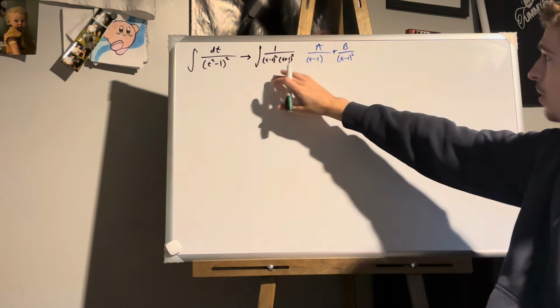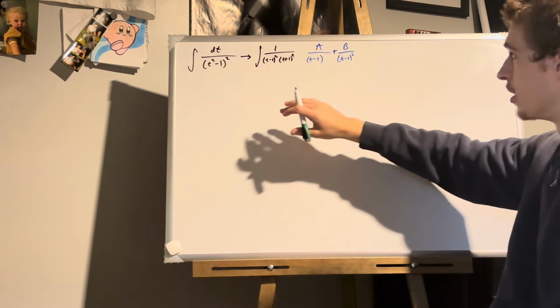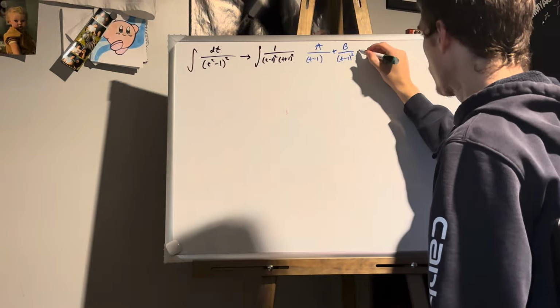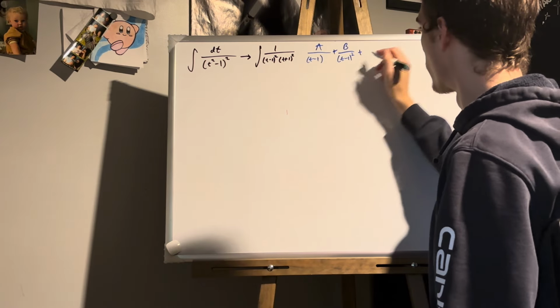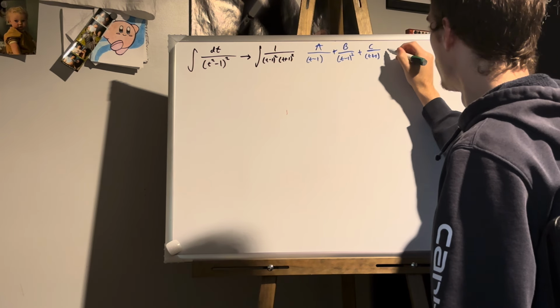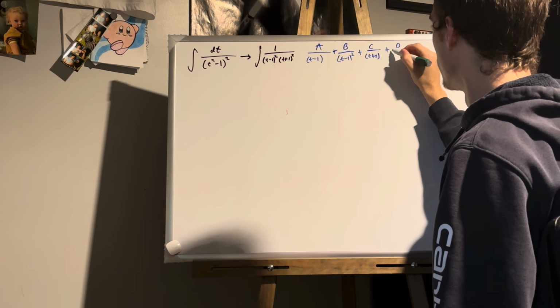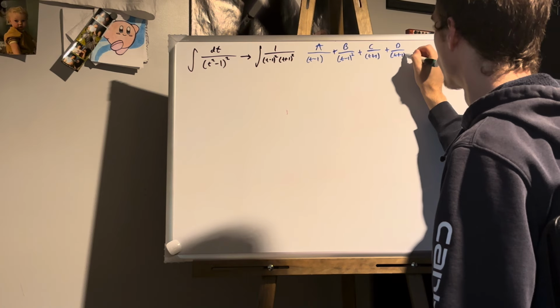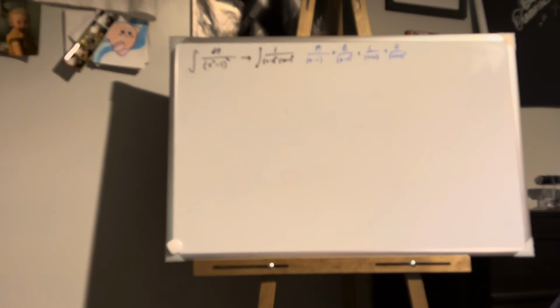We have a over t minus 1 plus b over t minus 1 squared, because you build up to it. Plus, now we're on this part, c over t plus 1 plus d over t plus 1 squared. Okay?